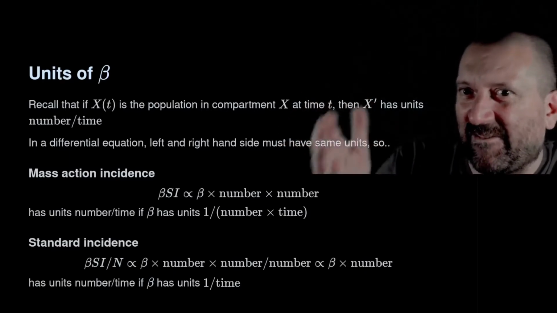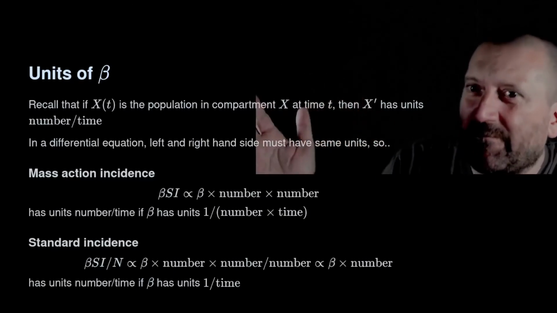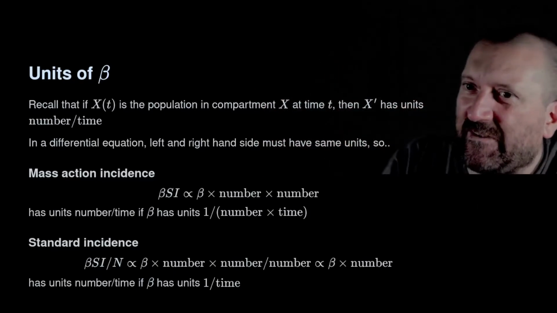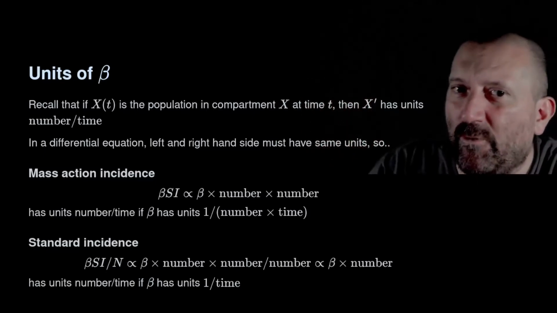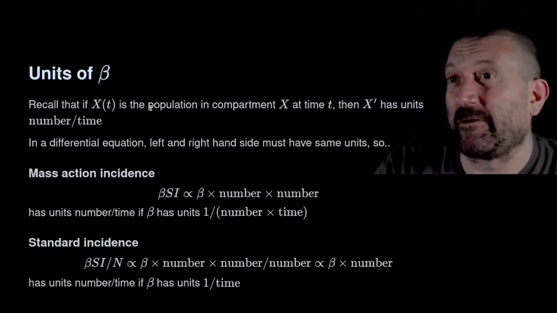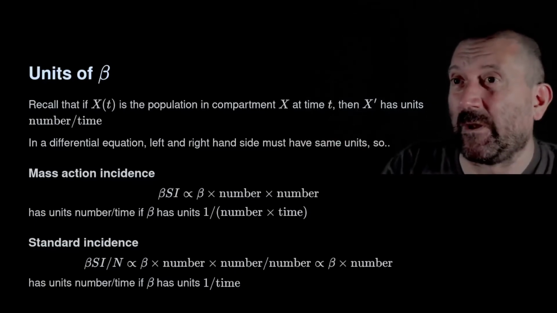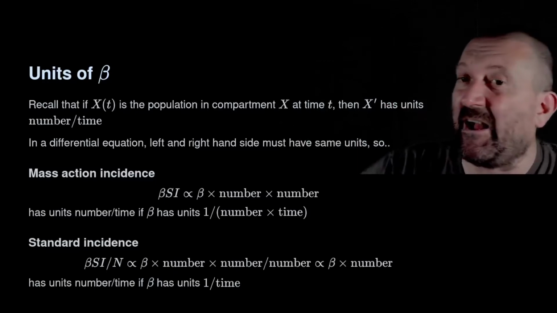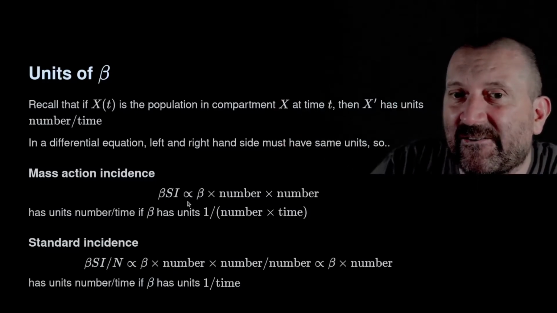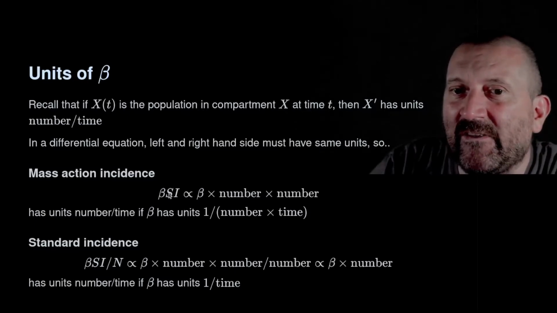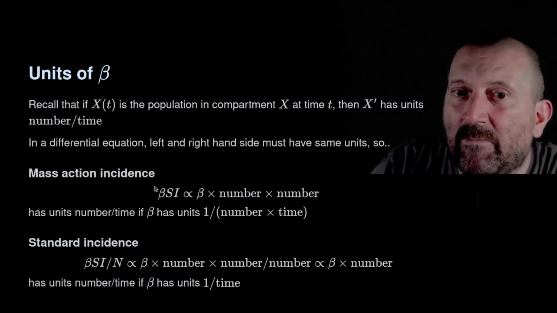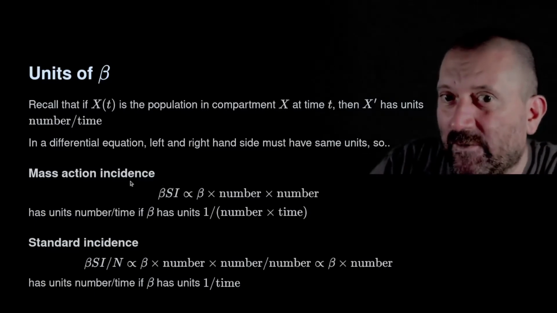It's d over dt of x of t. x of t is a number, d over dt is per time unit. And of course, when I'm writing a differential equation, what I have on the left must have the same units as what I have on the right. So if I have mass action incidence, it's beta SI. S is a number, I is a number, and beta is the thing that I'm looking for the unit of.